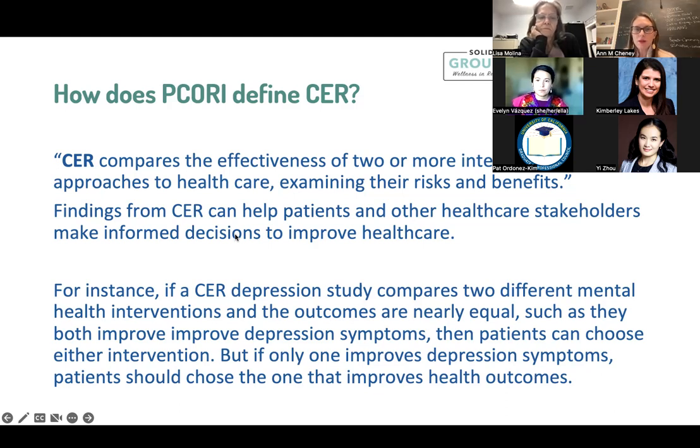And it would be the role of healthcare stakeholders to present this information to patients, to let them know that two interventions can nearly equally improve their health outcomes. Then it's our responsibility to share that information with them so that patients can make informed decisions.